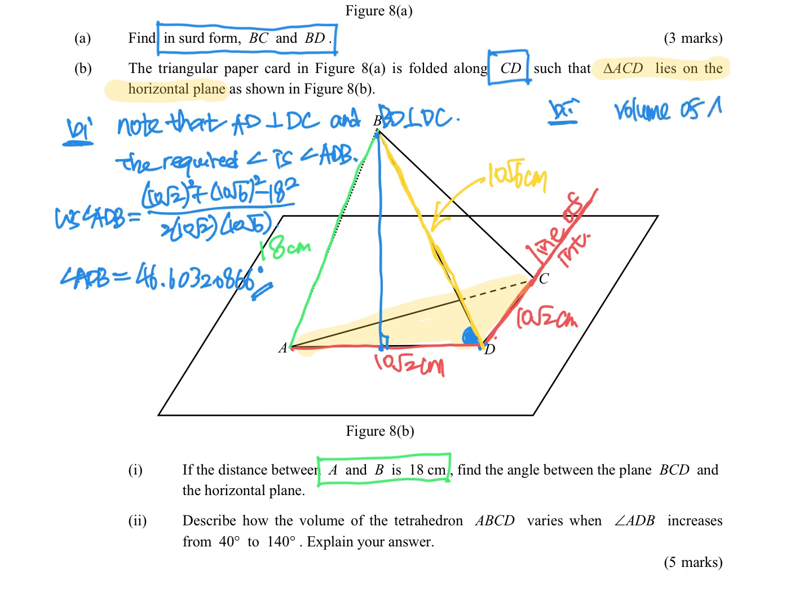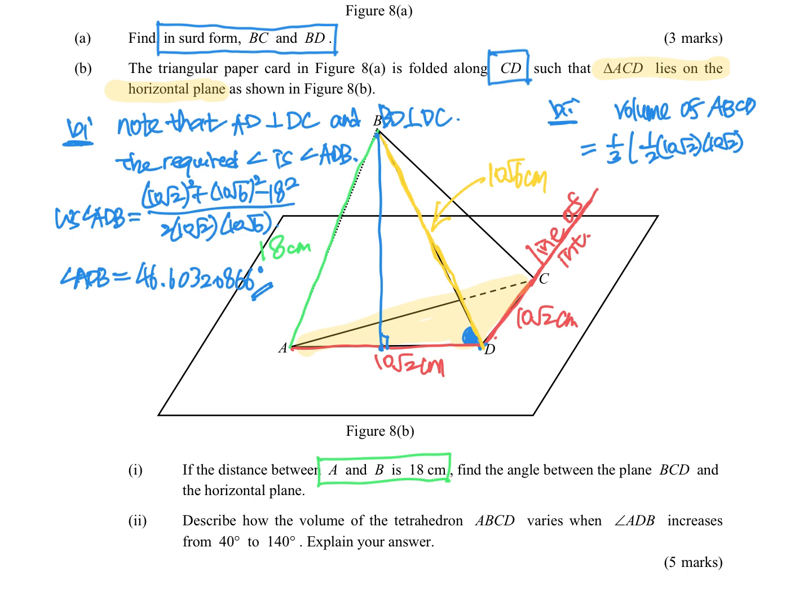So the volume of ABCD will be 1/3 of the base. The base should be a right angle triangle, correct?